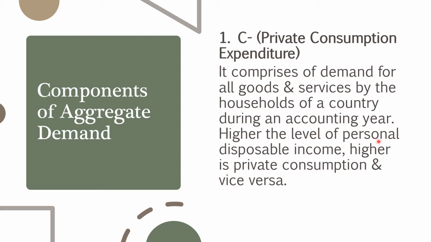The higher the level of personal disposable income, the higher the private consumption expenditure, and the lower the level of personal disposable income, the lower the private consumption expenditure. So basically, this component depends on the level of income.